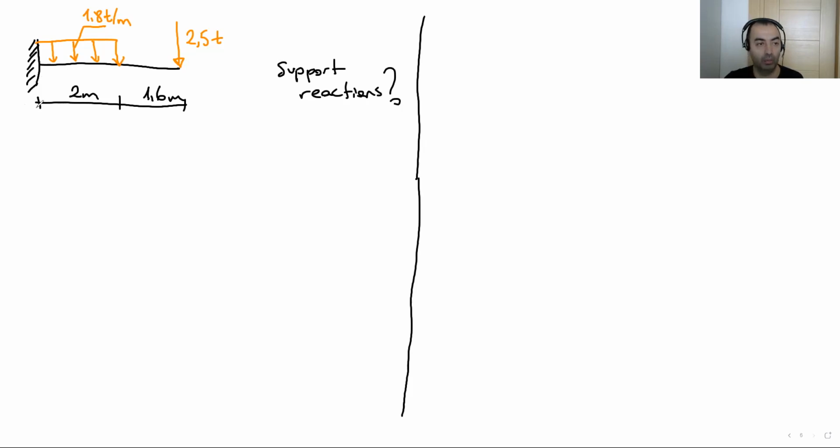We have a vertical reaction, a horizontal reaction, and also a moment, MA. Okay, this is the first step we have to do. Did we put all unknowns on the sketch? Yes.